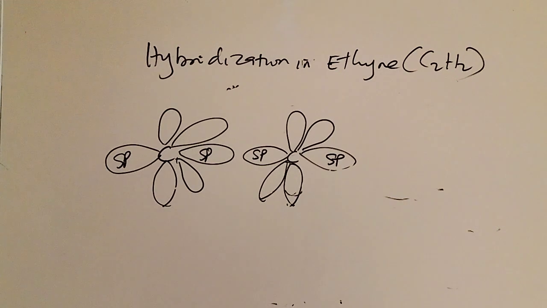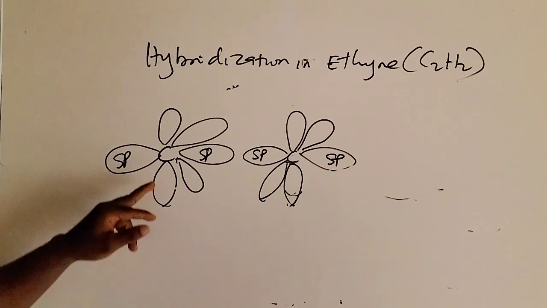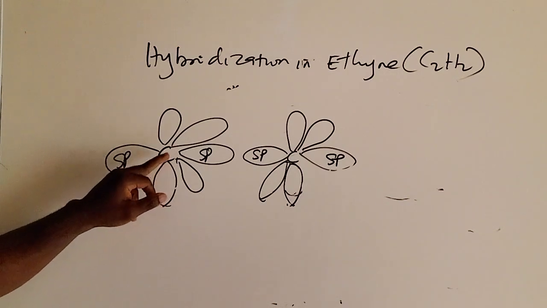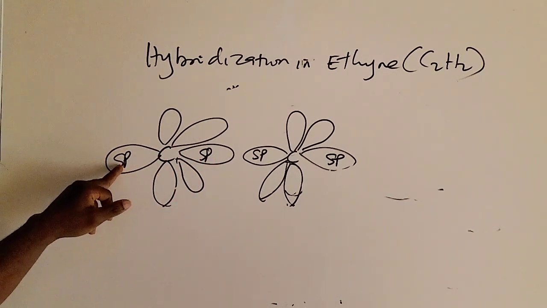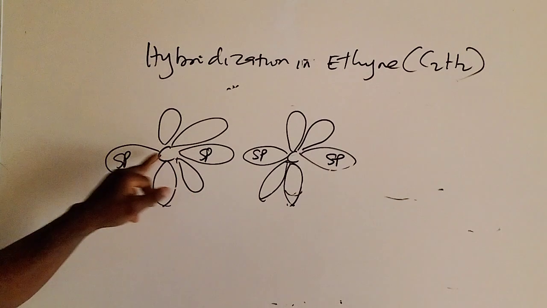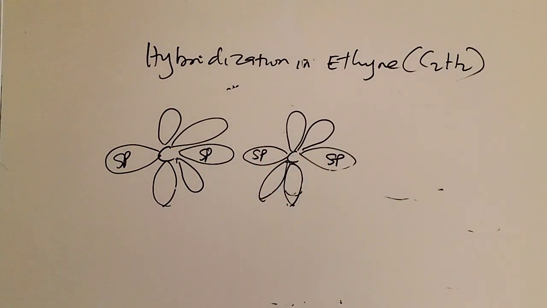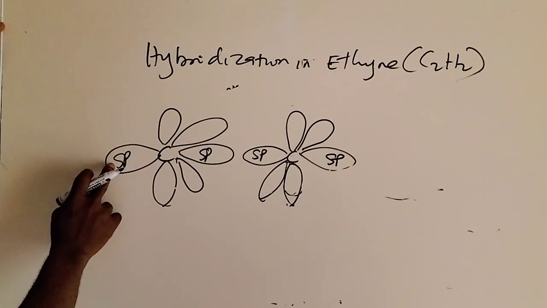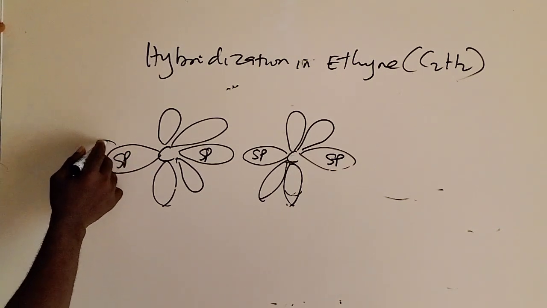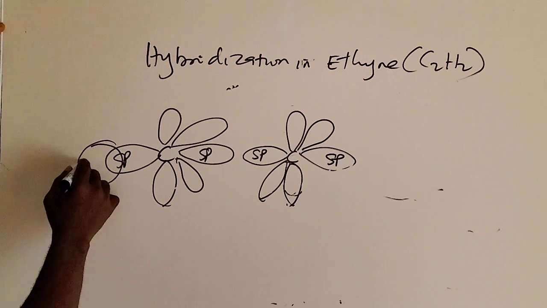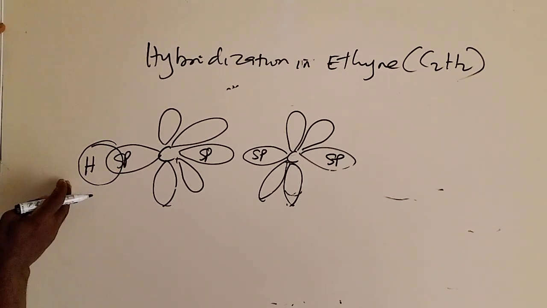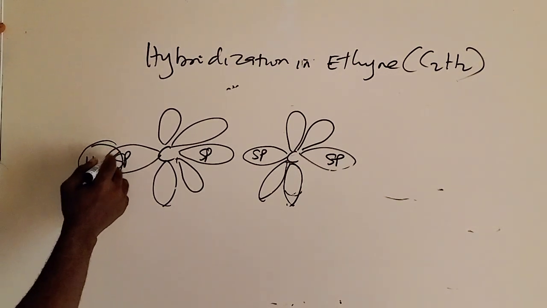So finally we discuss the hybridization scheme in the ethyne molecule. Ethyne is an alkyne with the formula C2H2. In ethyne, each carbon atom has 2 sp hybrid orbitals. You can see the 2 by the side. The sp hybrid orbital of this carbon will overlap with hydrogen at the extreme to form a sigma bond.